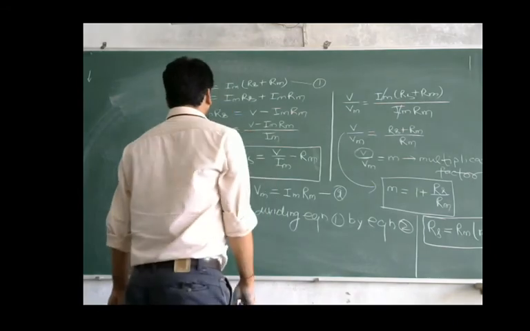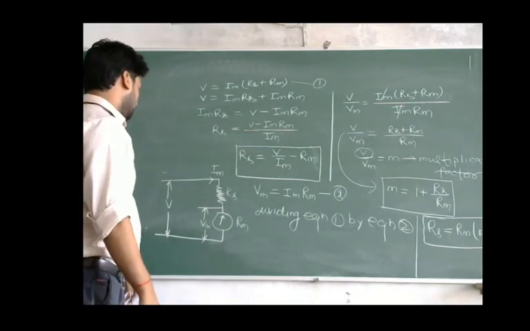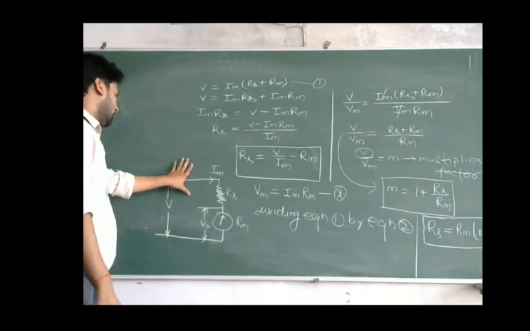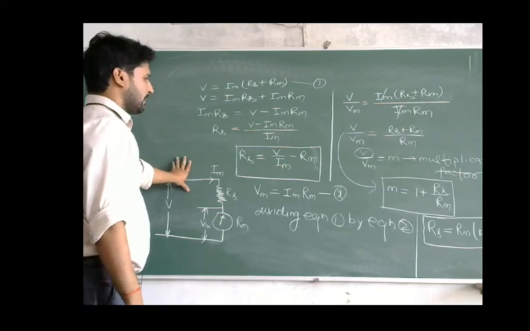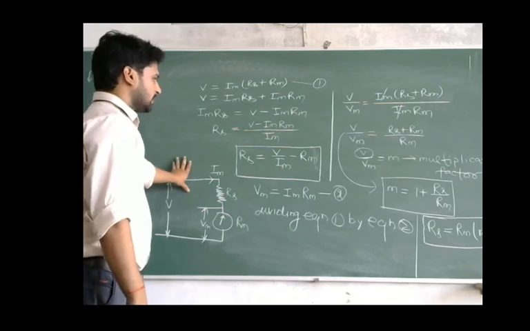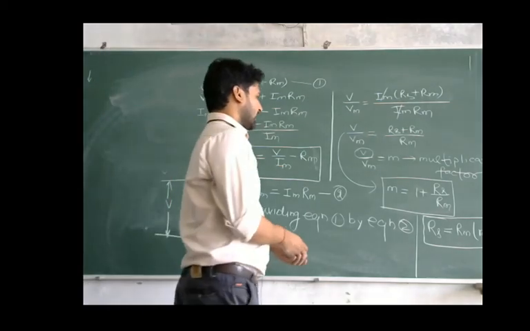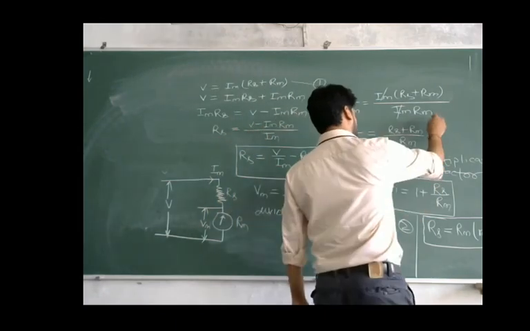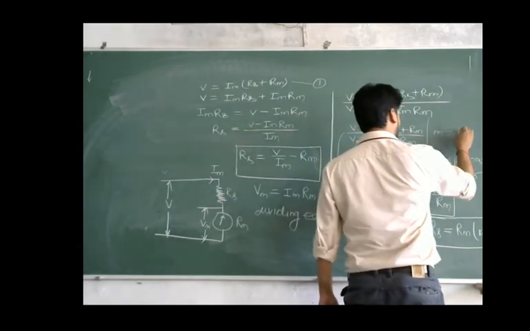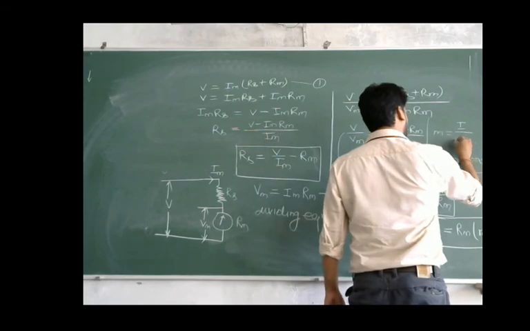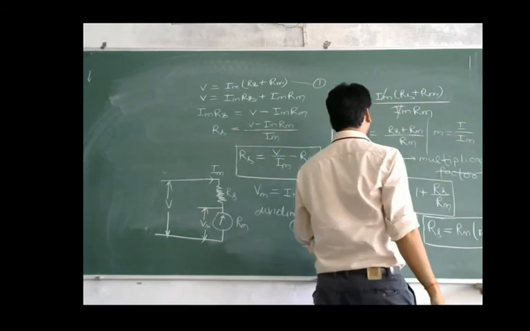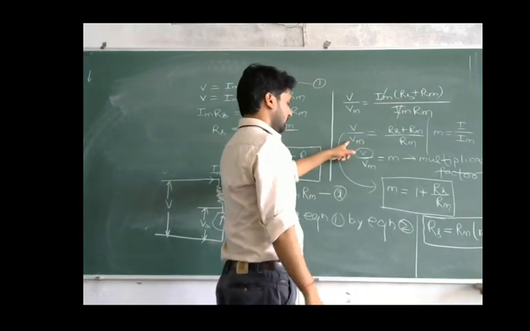So in this way, we can design a voltmeter by using a basic PMMC instrument. There is an analogy between voltmeter and ammeter. The multiplying factor in the ammeter was I upon Im. Here the multiplying factor is V upon Vm.